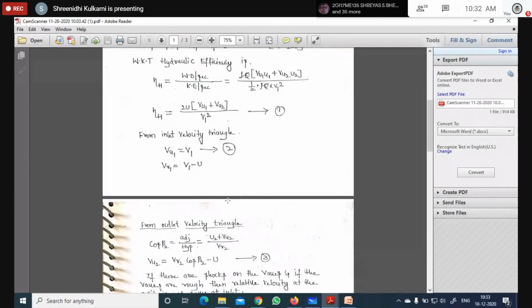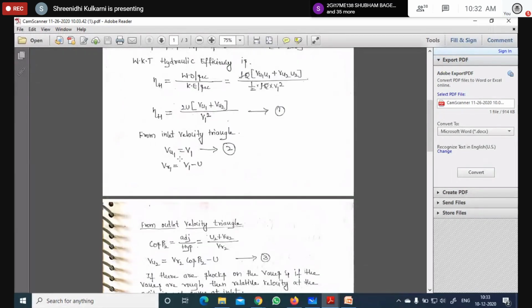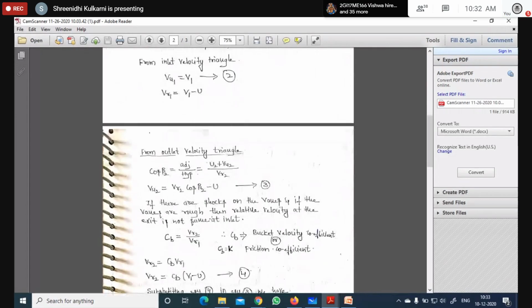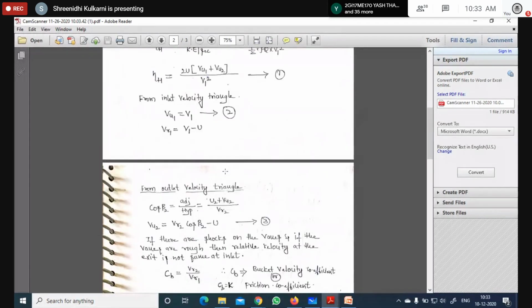Next, from the outlet velocity triangle. Why do we want to find all this? In the hydraulic efficiency we have Vu1, similarly I want to know what is Vu2. That's why we have to go for the outlet velocity triangle. What is cos beta 2?